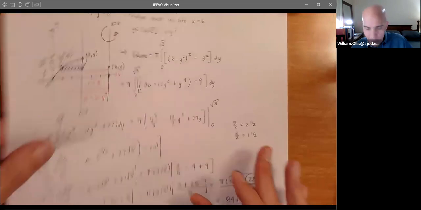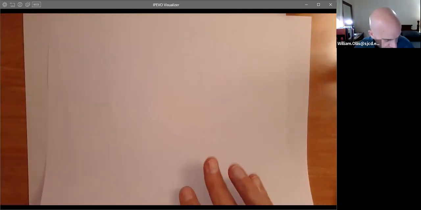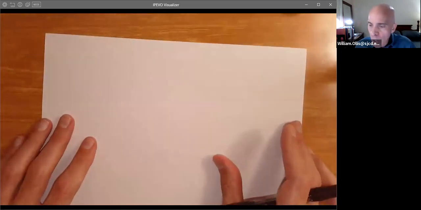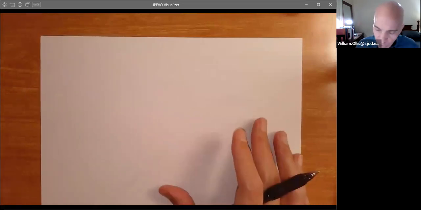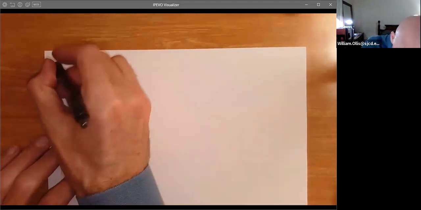It's like we could meet for longer, but I like to make sure that I cover the examples that are interesting. Okay, so let's do one more example of the disc type washer method. And then I want to say something about cross sections. And then I promised you that problem where we make a ring out of a metal sphere and find the volume of the ring. So that'll be kind of the roadmap here.